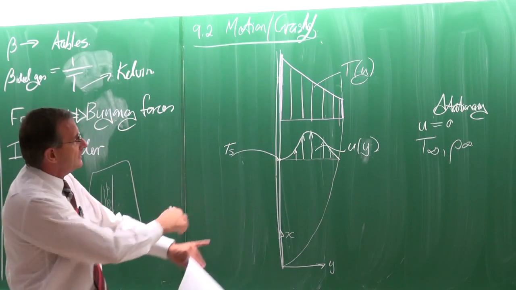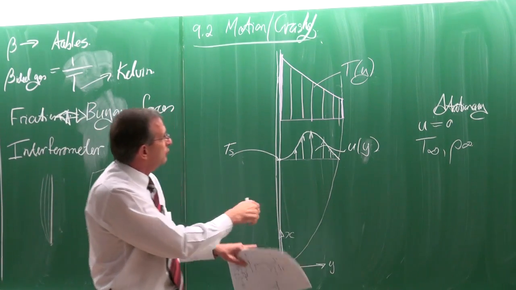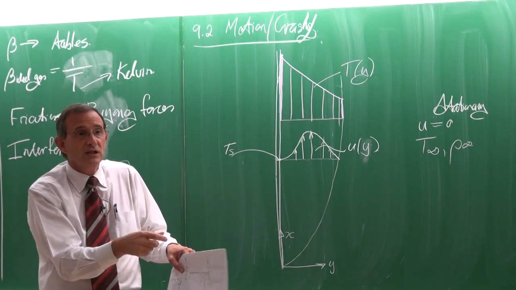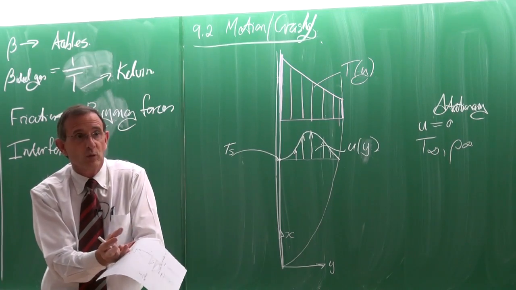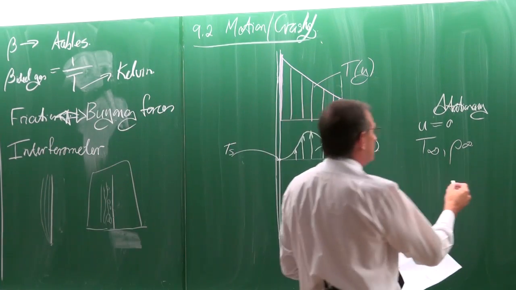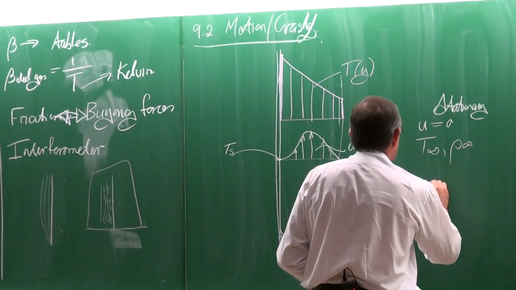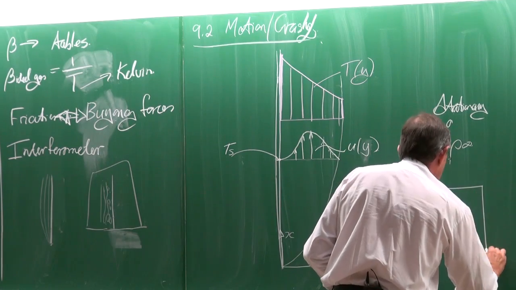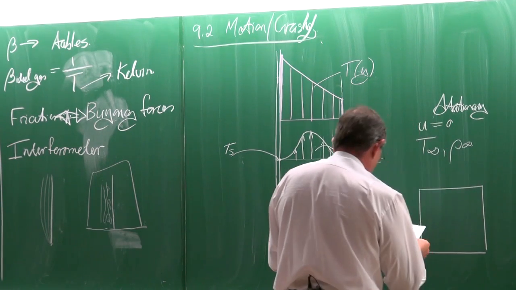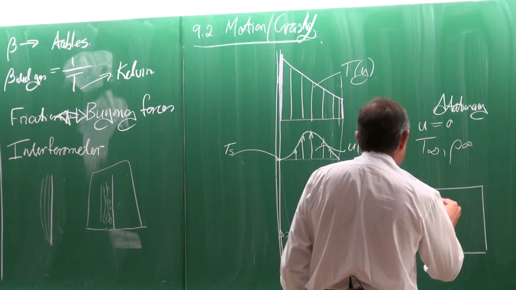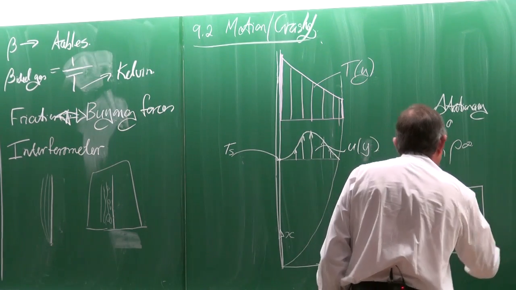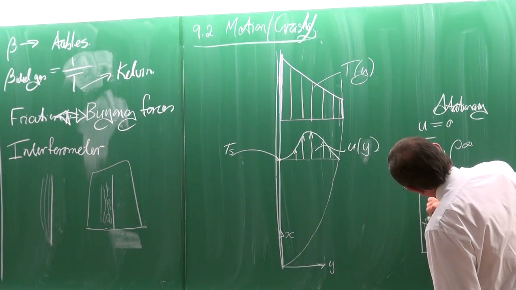Now, of course, as you know by now, if we want all the equations, we need to have a control volume somewhere. Let's suppose here's our control volume, and our control volume is now going to be dy in that direction and dx in that direction.